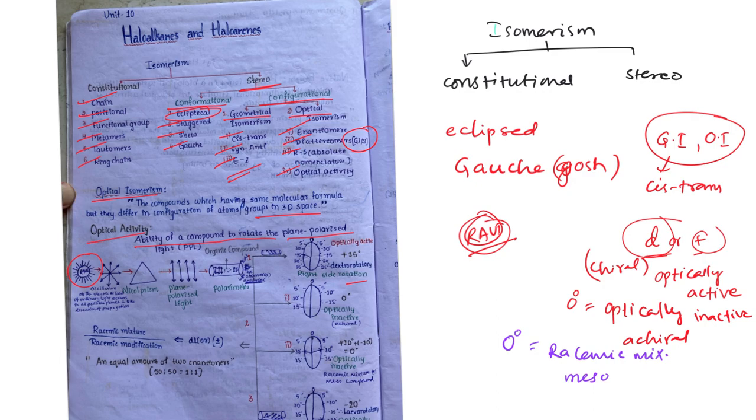So I hope you understood now what optical activity is: the ability of a compound to rotate plane polarized light. So the organic compound must be chiral. To show optical activity, the compound must be chiral, unsymmetrical.